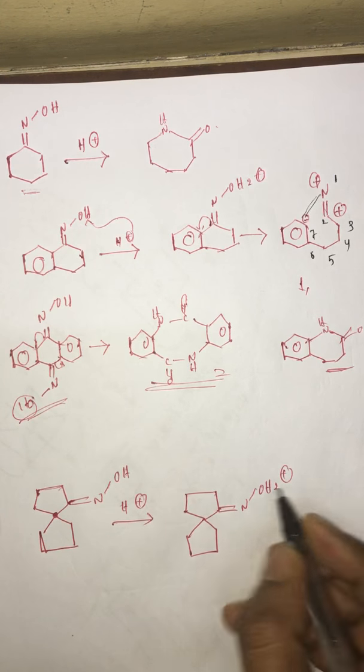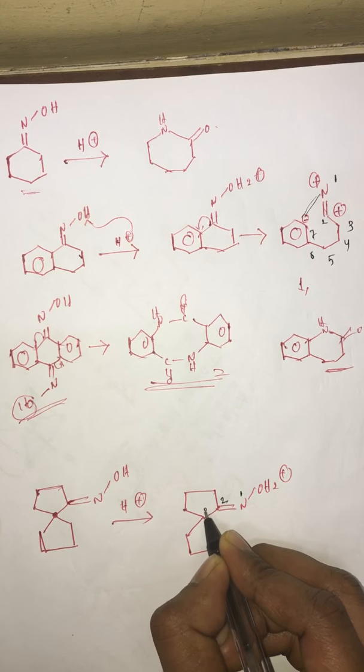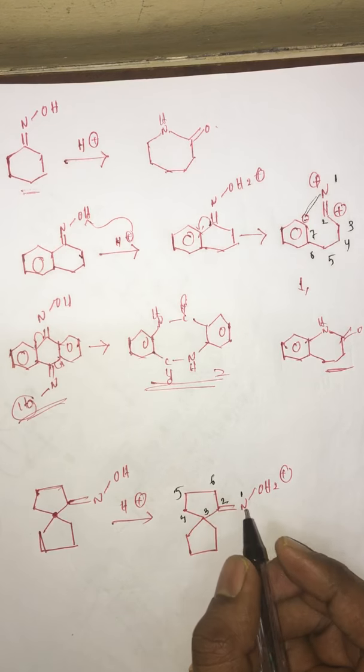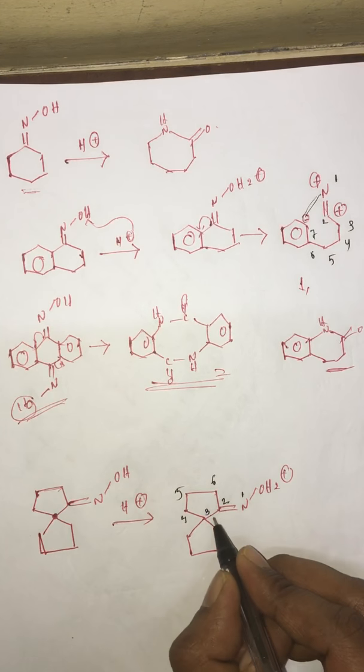So this carbon, we do numbering 1 2 3 4 5 6.